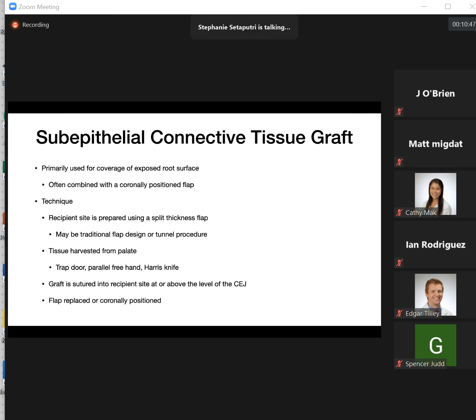I try to have everything ready, so I do the site preparation first before I take the graft. I get my flap elevated, and that way I can start tucking the graft in right away, so it's bathed in blood and in their mouth. Does that make sense?